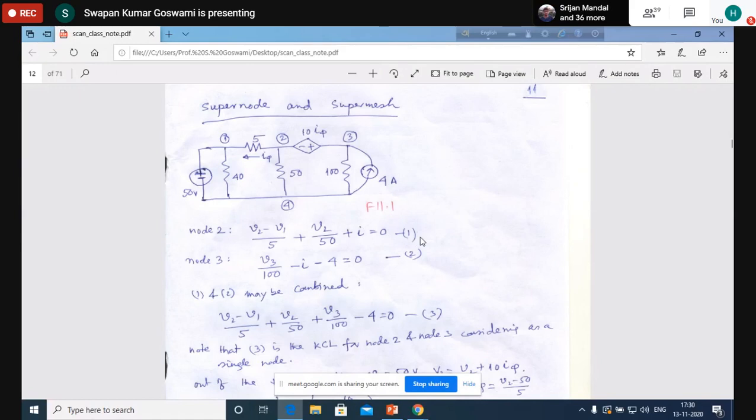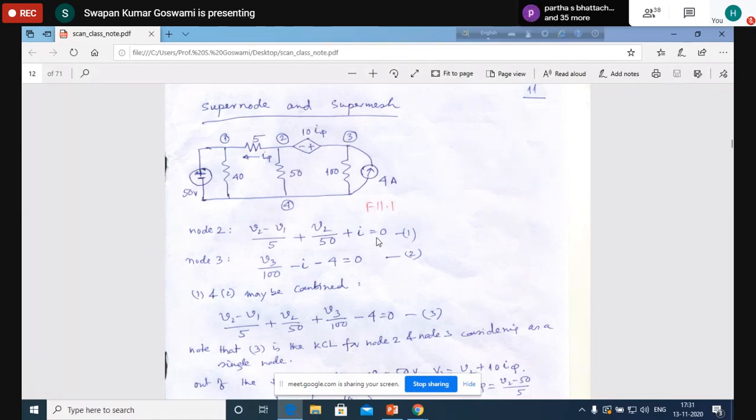We cannot write any current expression for that branch because there is simply a voltage source, so we assume current I flowing there. Any doubt regarding this equation?